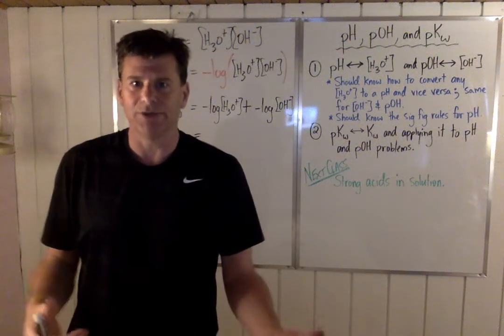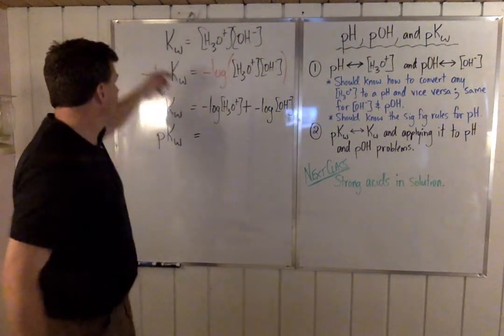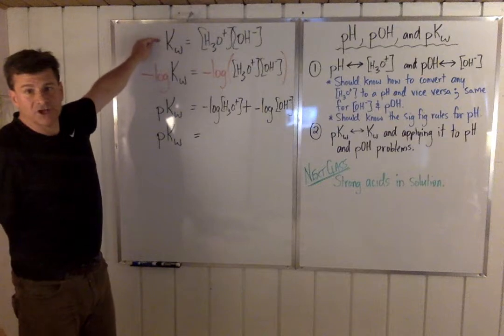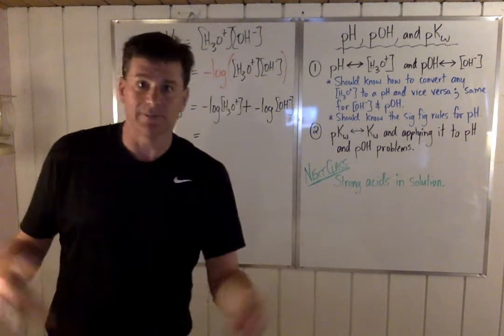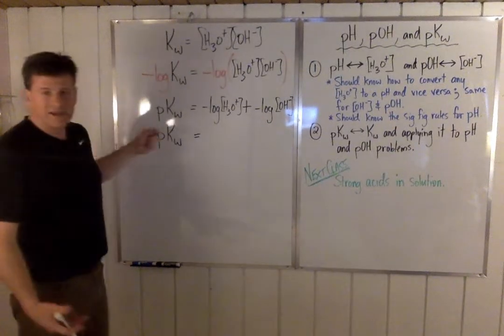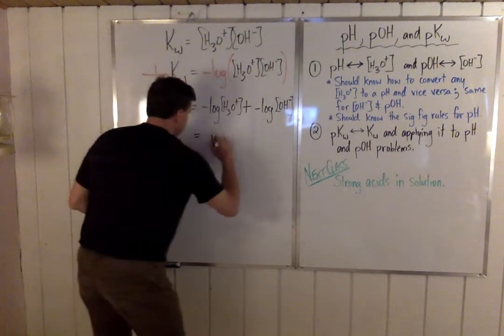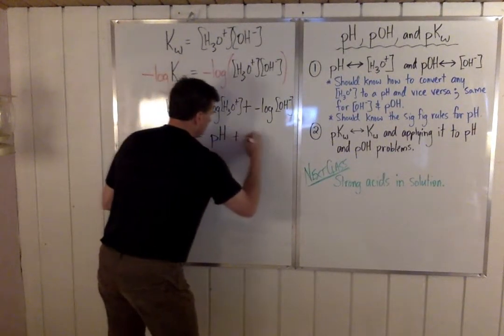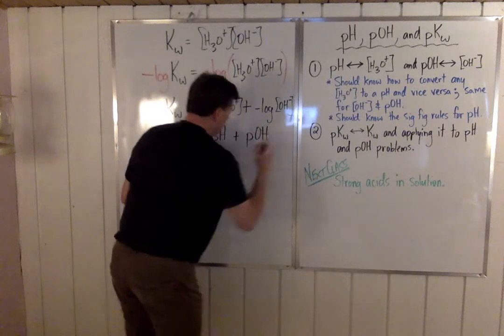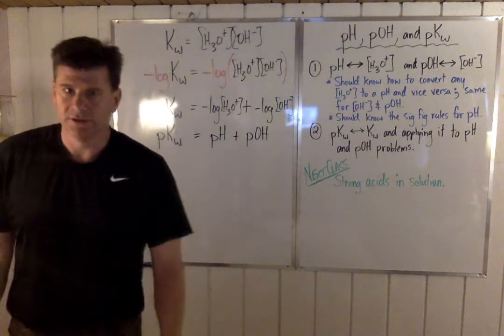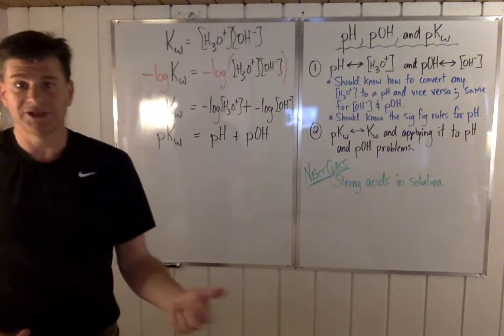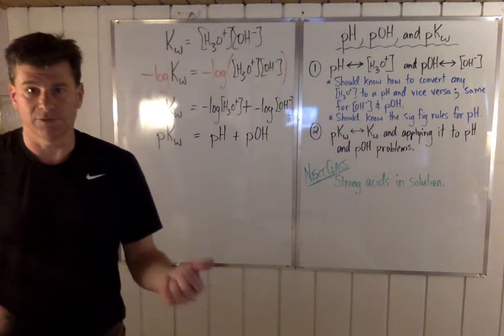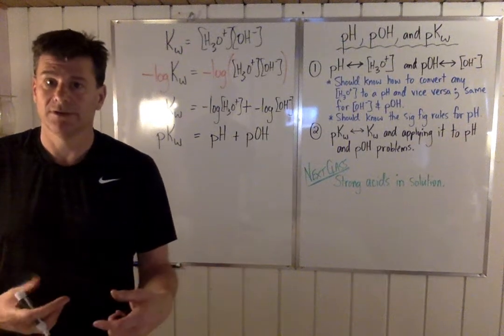I haven't actually put any numbers in yet. I've just taken this K expression, which is a very general expression that applies to water at any temperature, and taken the negative log of both sides. And lo and behold, you get this very simple logarithmic relationship: pKw equals pH plus pOH.